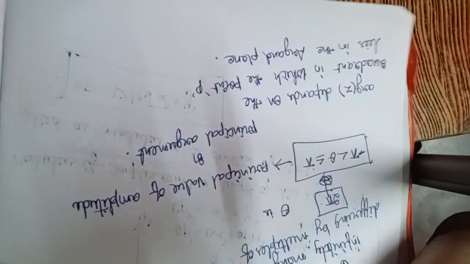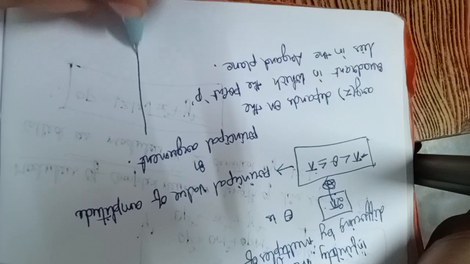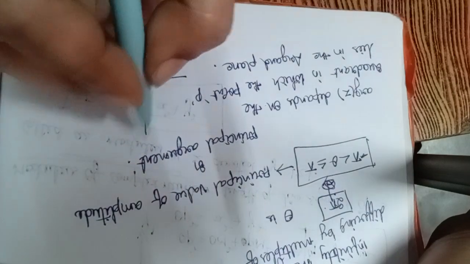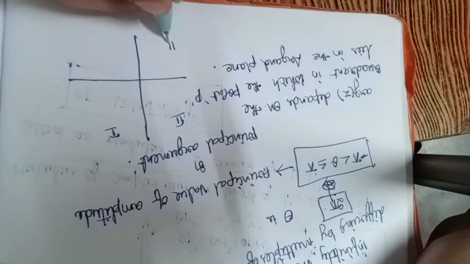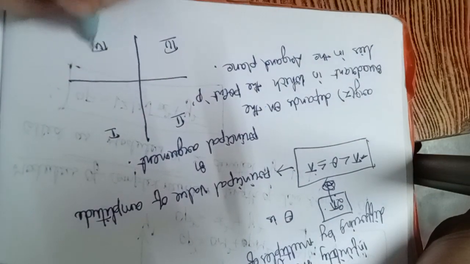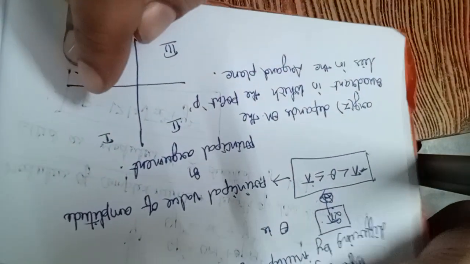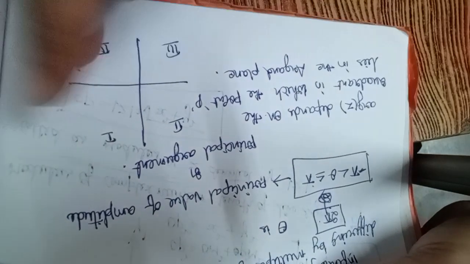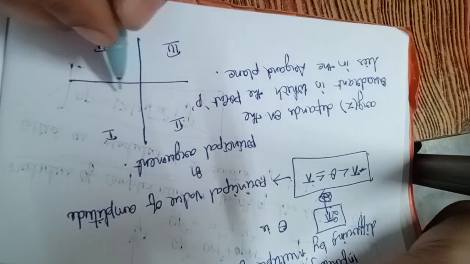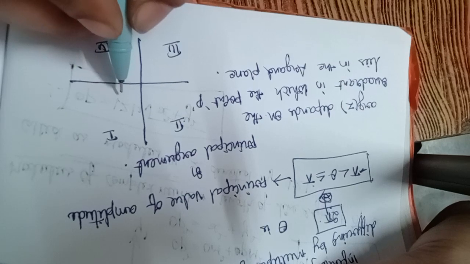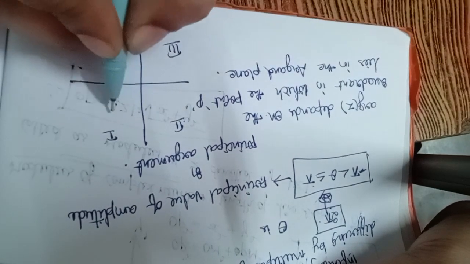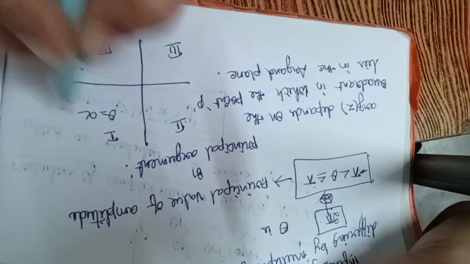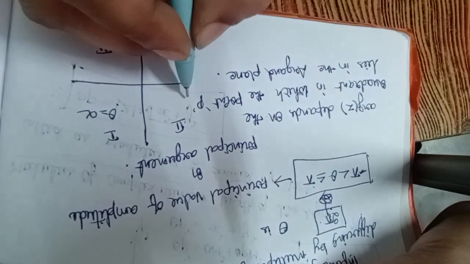We know the plane has first, second, third and fourth quadrants. If the point is in the first quadrant, theta equals alpha.